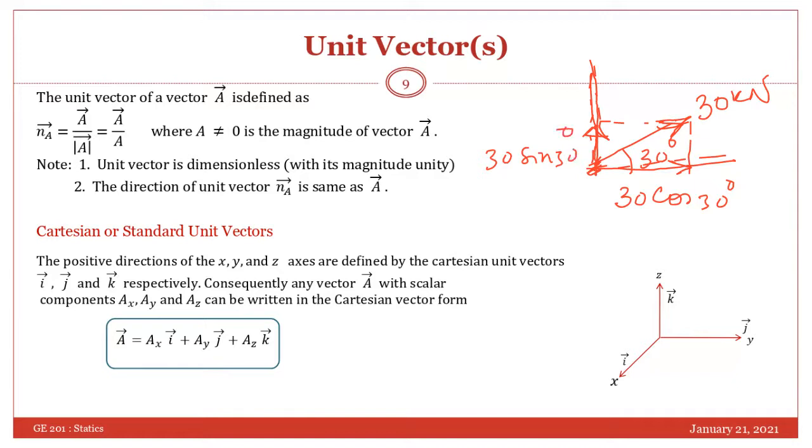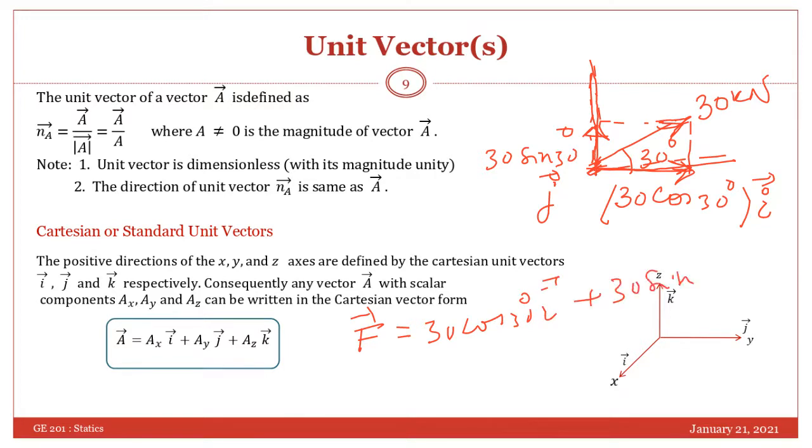Now you multiply this by i, because in this direction you know the unit vector, that is i. And multiply this by j, because in this direction the unit vector is j. Then your force vector will be simply the summation of this and this, as per parallelogram law, because this is the resultant of that. So you will have 30 cosine 30 i plus 30 sine 30 j.